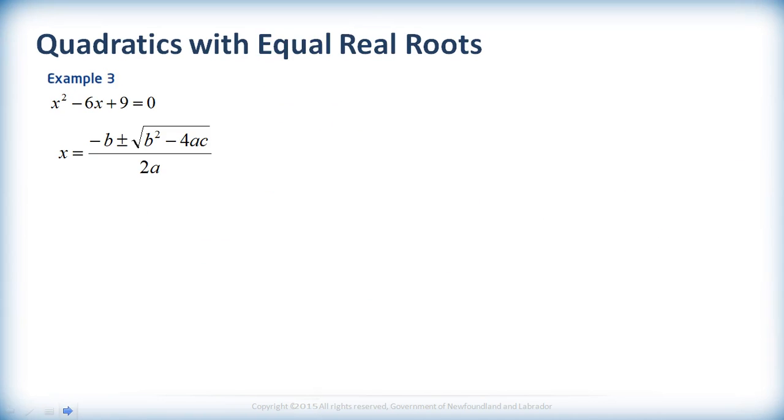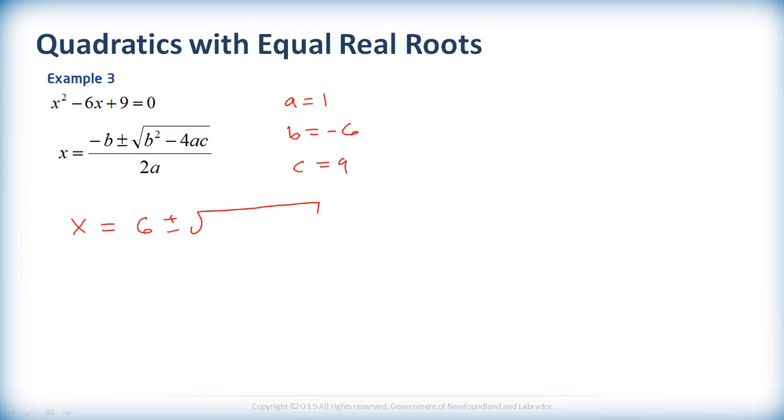All right, so that's how we do it when we get irrational answers. Things that don't give you a perfect square under there, what do you do? What happens if we get equal real roots? Let's see what happens here. a is equal to 1, b is equal to negative 6, c is equal to 9. Let's work this out. So negative b will be negative negative 6, which is positive 6, plus or minus the square root of b squared.